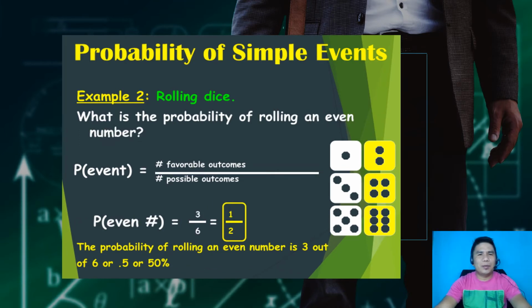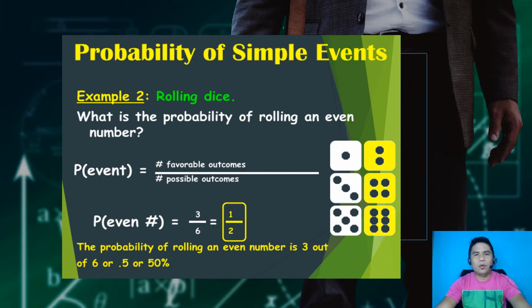Here is example number 2. Still rolling a die. What is the probability of rolling an even number? We have probability equal to favorable outcomes over possible outcomes. You know that there are only 3 even numbers among the possible outcomes.